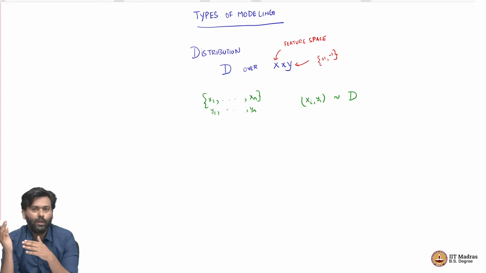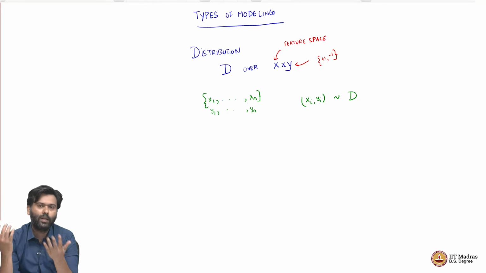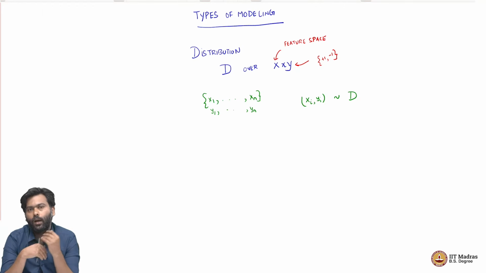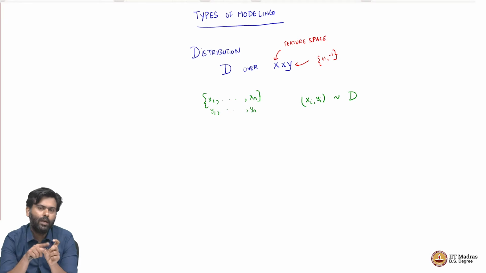Now, what about the connection between training and test set? Well, the connection is via this underlying distribution D. So, we are saying that the test set is also going to come from the same underlying distribution, right. So, you are going to draw a data point from the same distribution D, and when you are trying to do the testing, you are going to be tested on some x test, y test, but you are only shown the x test and you need to predict what the y test is.